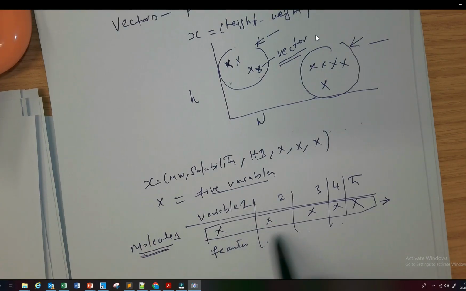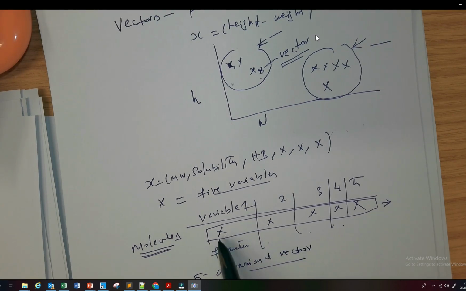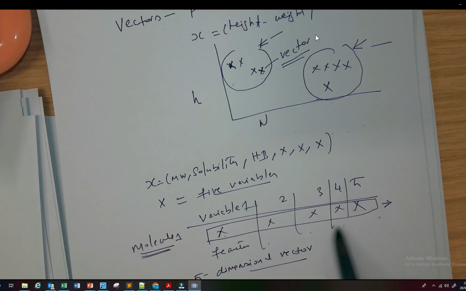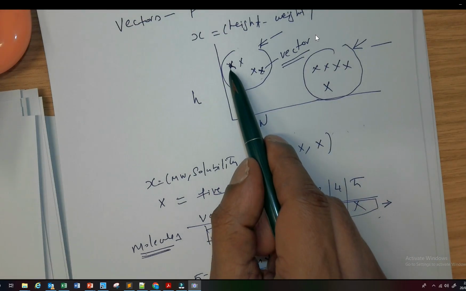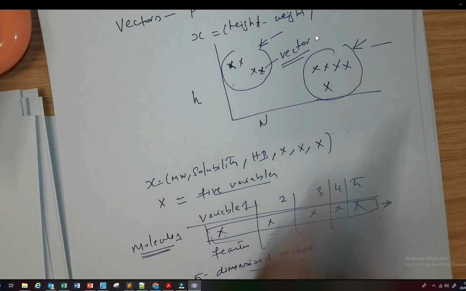So this is something called a five-dimensional vector. All of this contributes towards telling something about the molecule. In this case, both height and weight tell something about the student, isn't it?